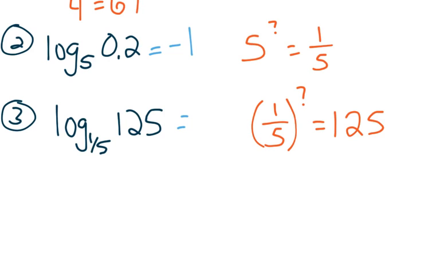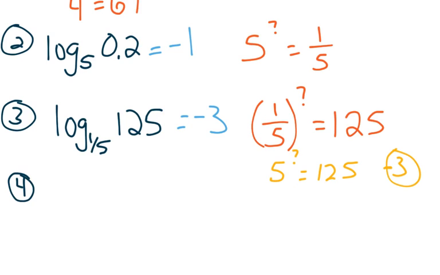But it's not 5, it's 1/5. It's the reciprocal of 5. If we thought about this as 5 to what power is 125, well, that answer is easy. That one's 3. But we need the reciprocal. And anytime we have reciprocals involved, that means our exponents have to be negative. So our answer here for number 3 is -3. Because the reciprocal cubed: 1/5, reciprocal is 5, cubed gives you 125. So -3 is your answer for number 3.